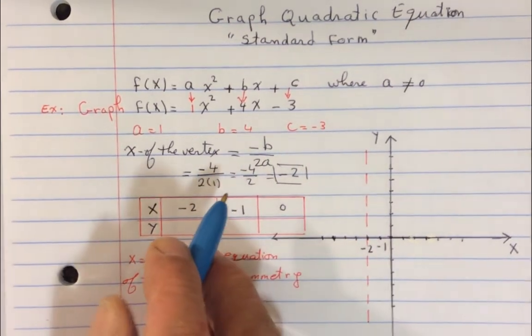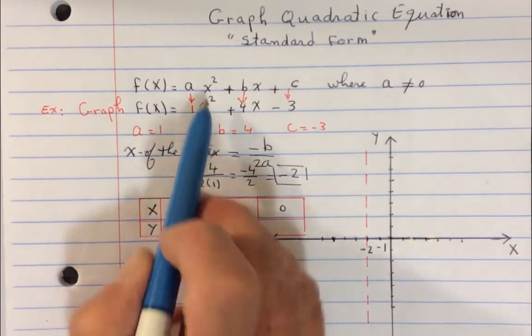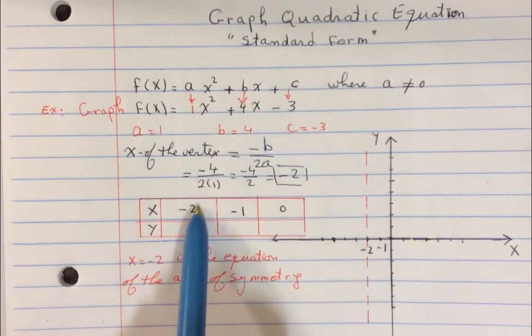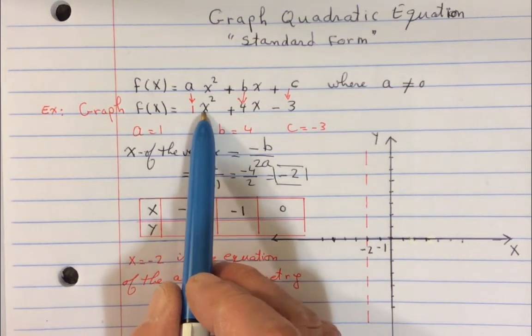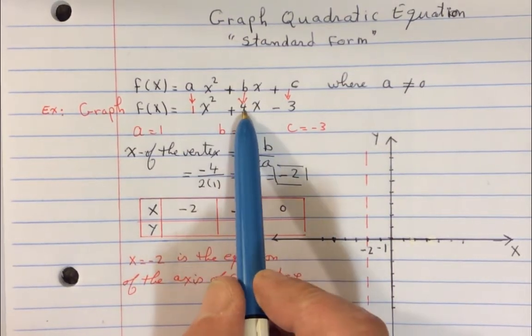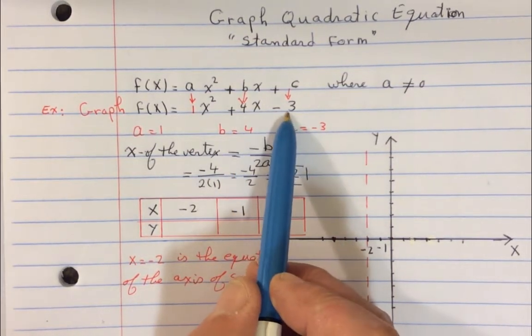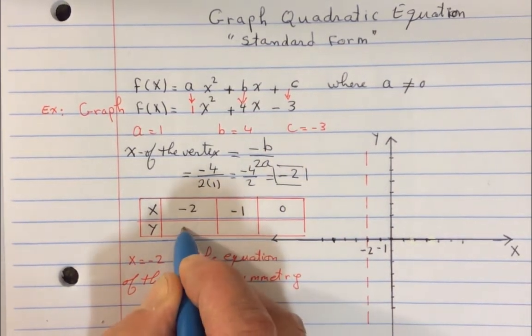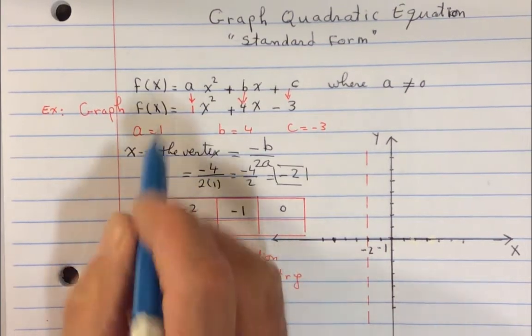Now we plug in each one of these in the original equation. Replace each x with negative 2. So it's negative 2 to the power 2 plus 4 times negative 2 minus 3. If you do the math, you find that y is negative 7. Y is the f of x.